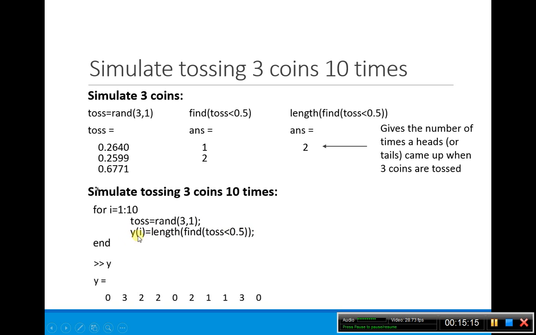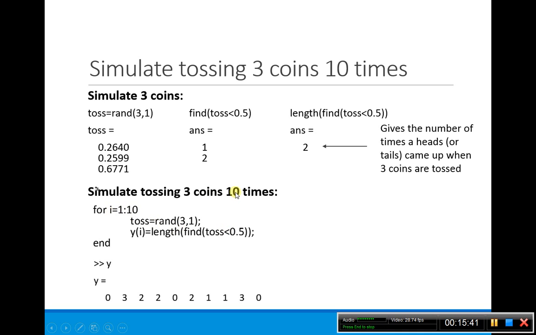I'm going to set that as a component in this vector y. How many heads did I get? So toss less than 0.5 finds all the entries where I got a heads. Find says where are those entries and how many of them are there. So this tells me how many times I have tossed a heads on that trial.